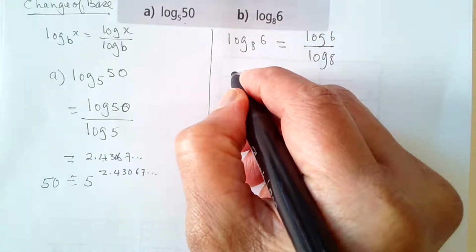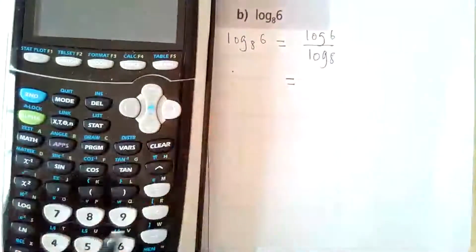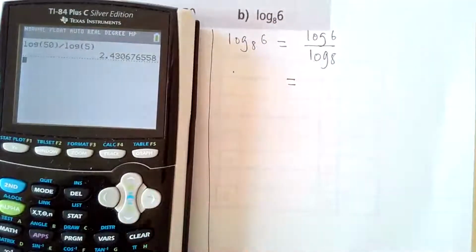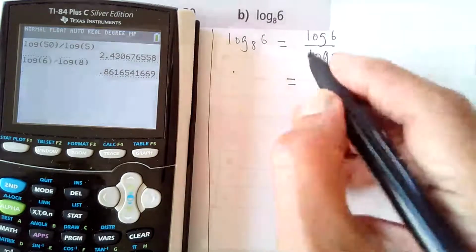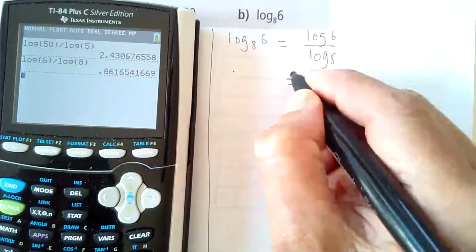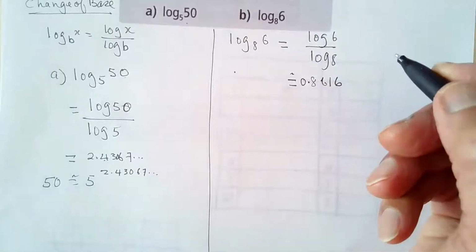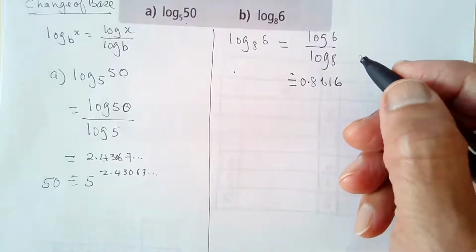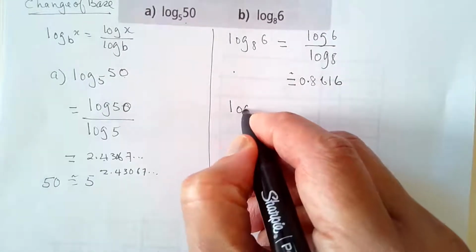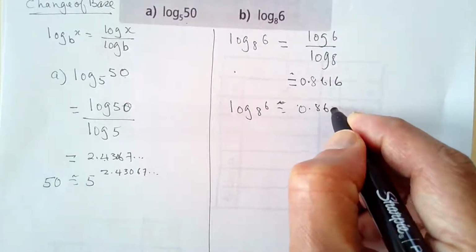So log 6 divided by log 8 gives us a result of 0.8616. So log base 8 of 6 is approximately 0.8616.